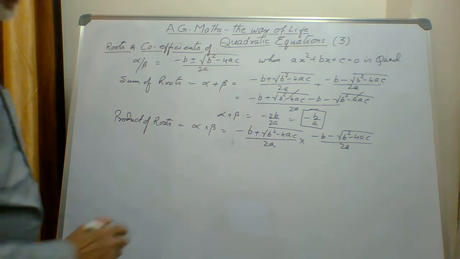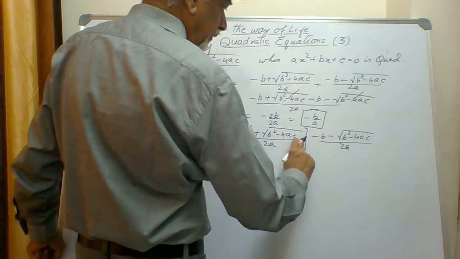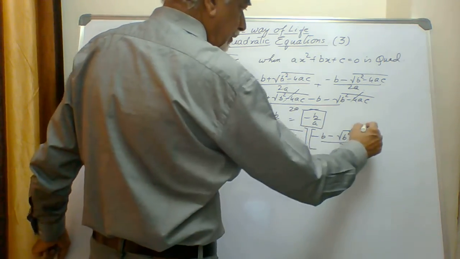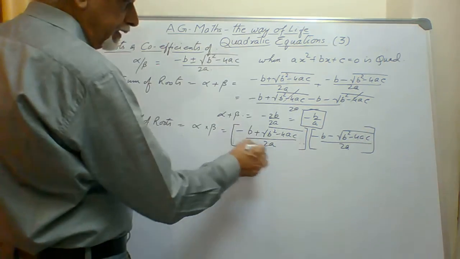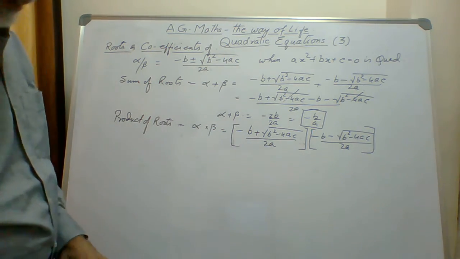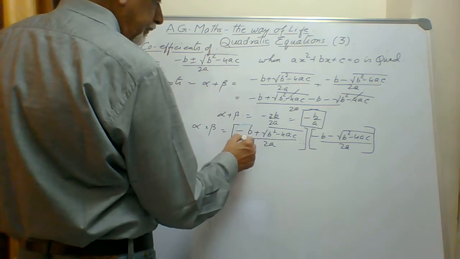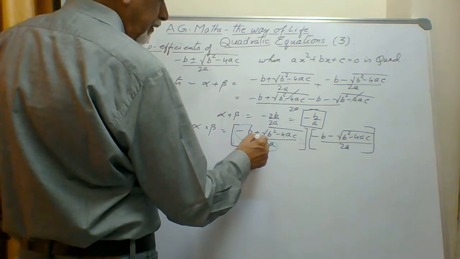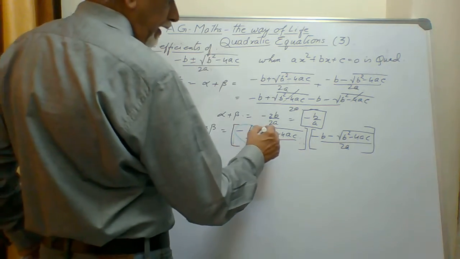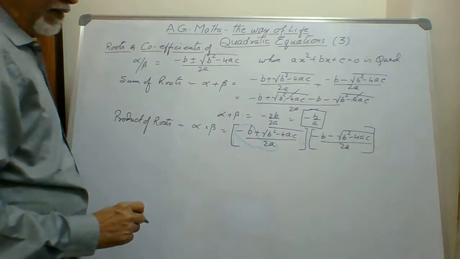The multiplication, if I write the brackets instead of this, then the first part is this, which is called, suppose, the a part, and we have another part which is the b part. Suppose this is representing a and this is representing b, with denominator 2a.